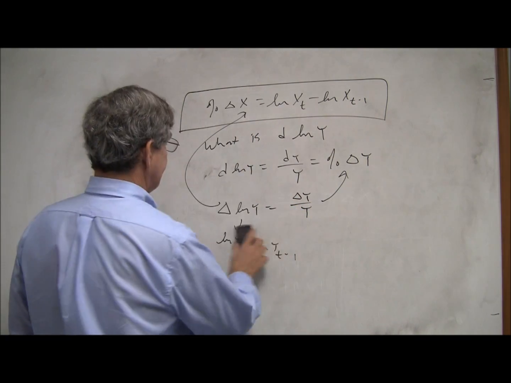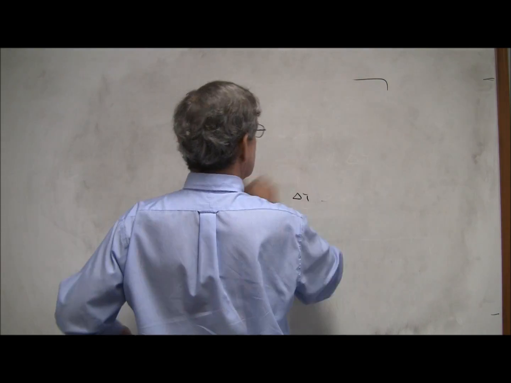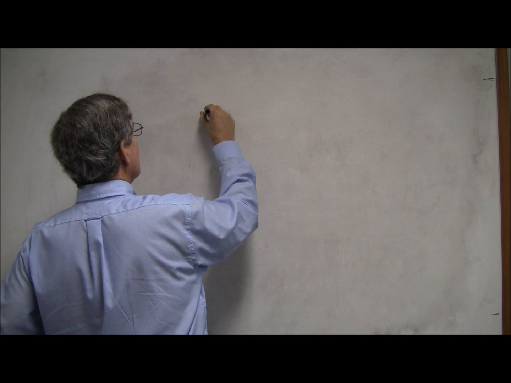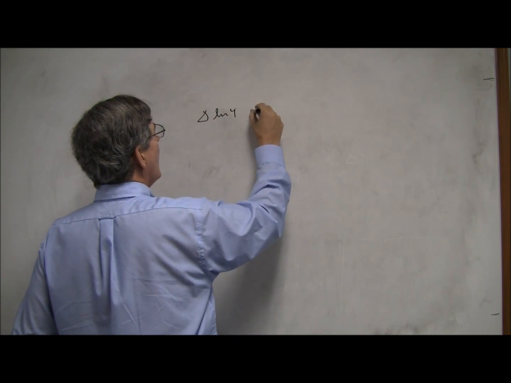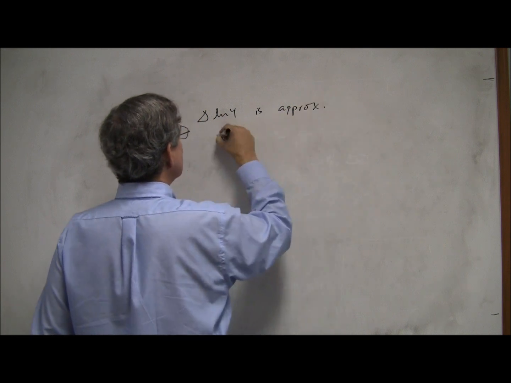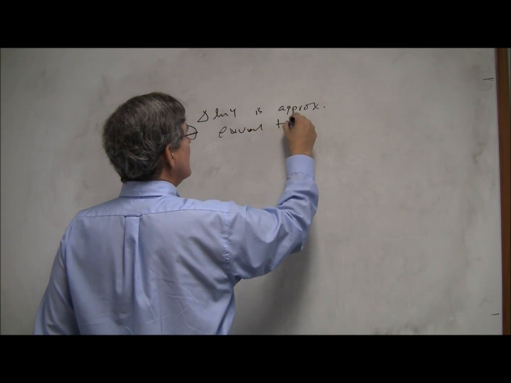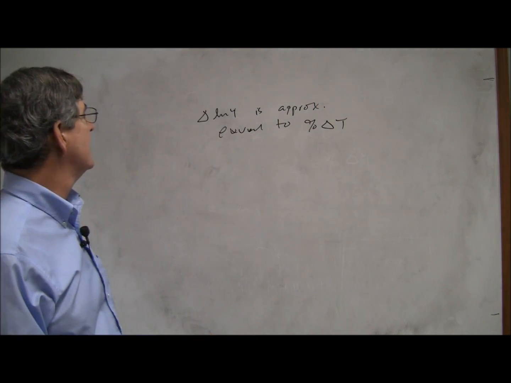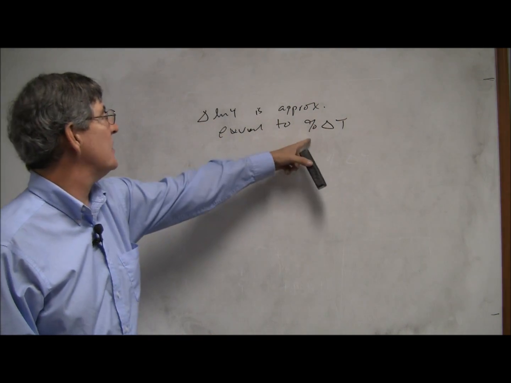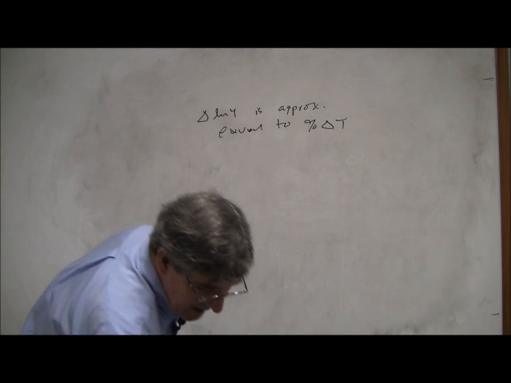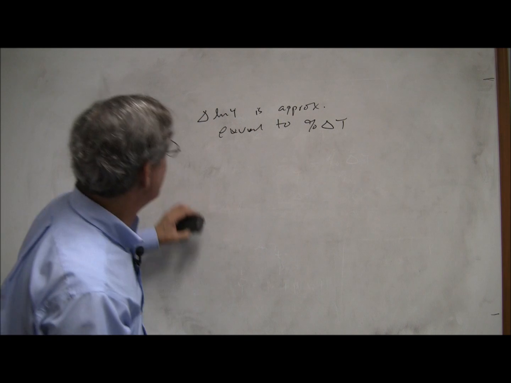So again, what we're saying is delta log y is approximately equal to the percentage change in y. And the smaller the change, the closer the approximation. And we'll have some other approximations for logs in a minute.